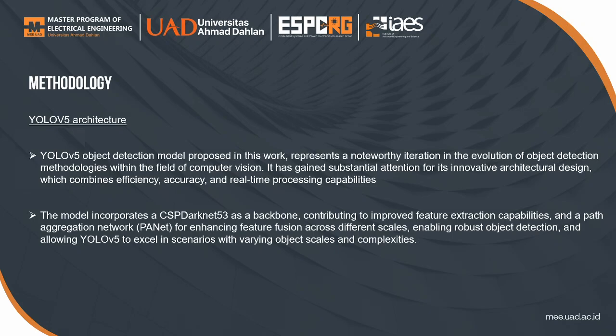The model incorporates a CSP Darknet 53 as a backbone, contributing to improved feature extraction capabilities, and the path aggregation network, or PANET, for enhancing feature fusion across different scales, enabling robust object detection and allowing YOLOv5 to excel in scenarios with varying object scales and complexities.